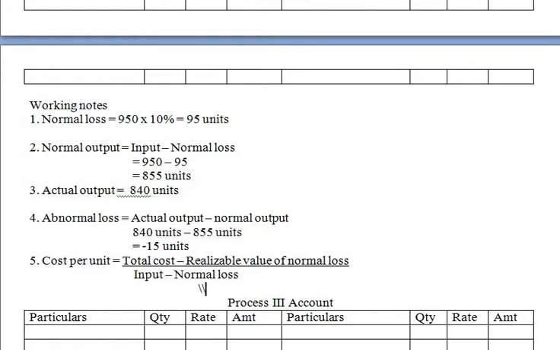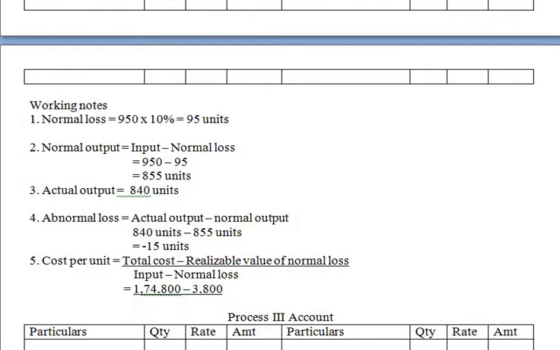Okay, so write down the formula. Now roughly we need to close the account. That is 1,74,800 minus realizable value of normal loss 3,800, divided by input 950 units minus normal loss 95.